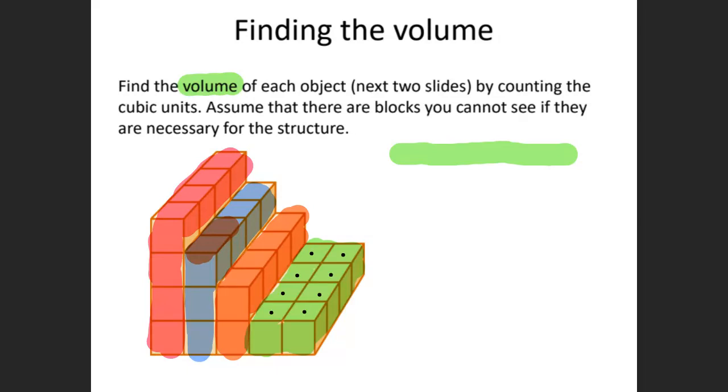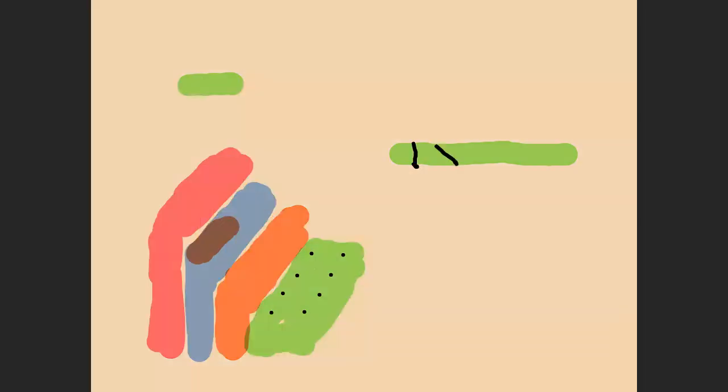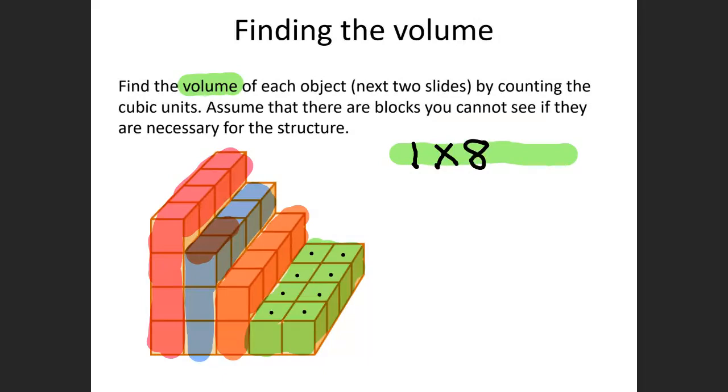And they are 1 layer times 8. That means I should see 8 boxes. They're the easy ones. Now we're going to go to the orange.